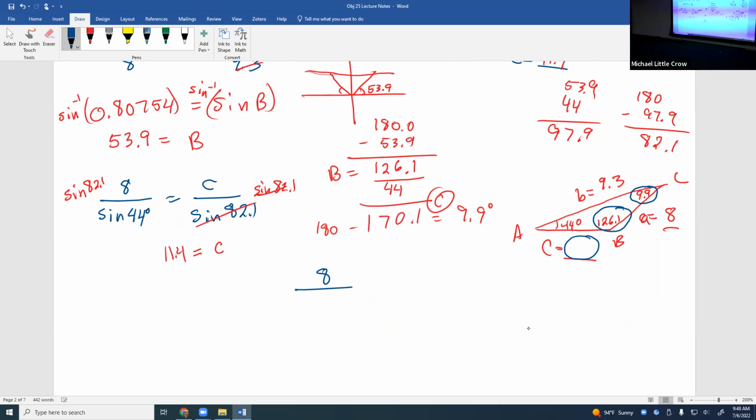That side a over the sine of 44 is equal to little c over the sine of 9.9, right? Multiply both sides by the sine of 9.9.